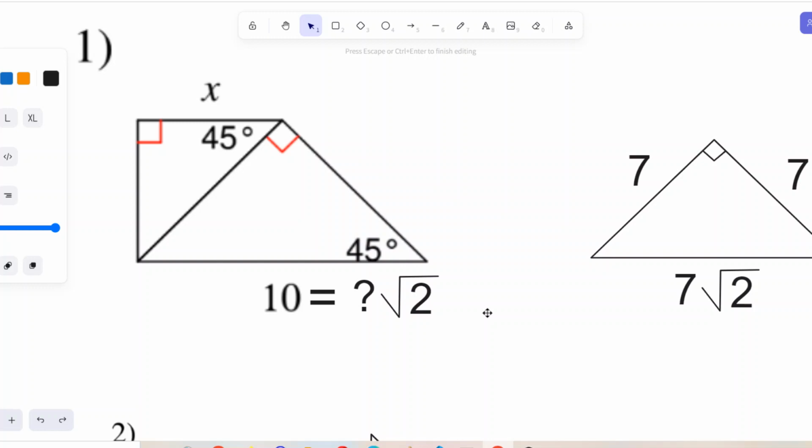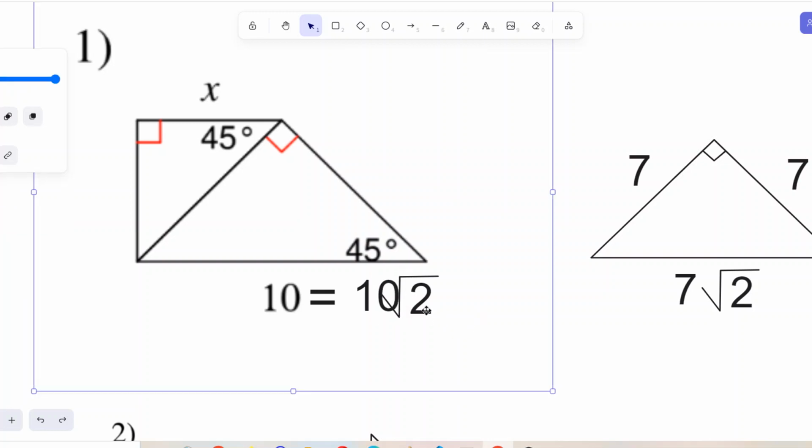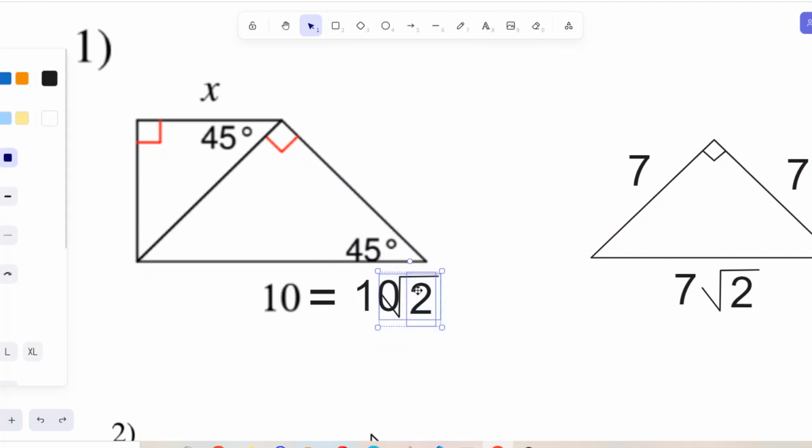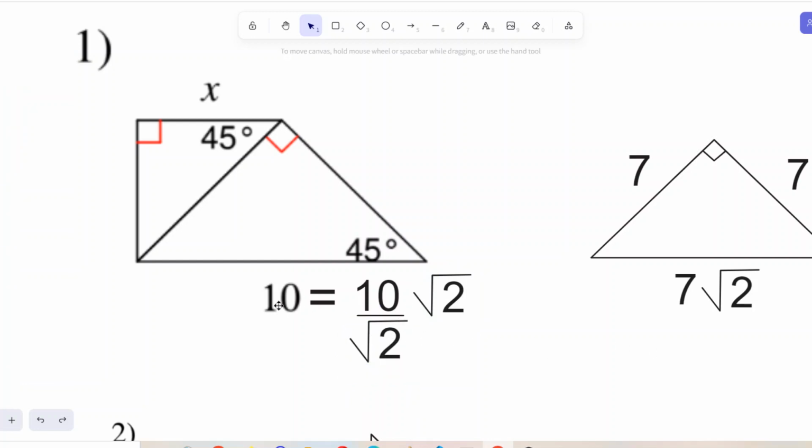To do that, 10 over root 2, right? Hang on, I have to draw this. 10 divided by root 2, times root 2, equals 10. So to write 10 as something times root 2, you'd write it as 10 over root 2 times root 2.